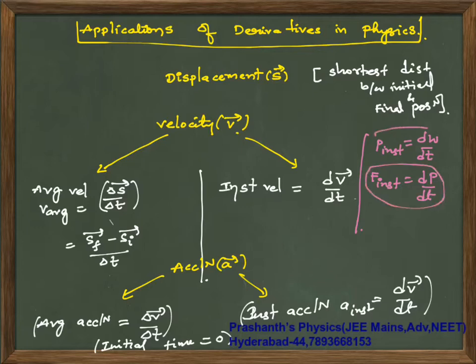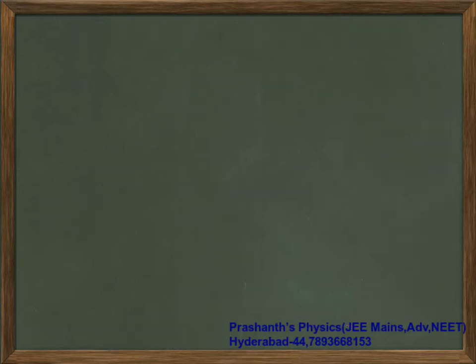Electric current, I instantaneous, is dq by dt. As I have explained, everything in physics is either average or instantaneous. There are numerous applications in physics, but here we will see only terms related to motion in one dimension.